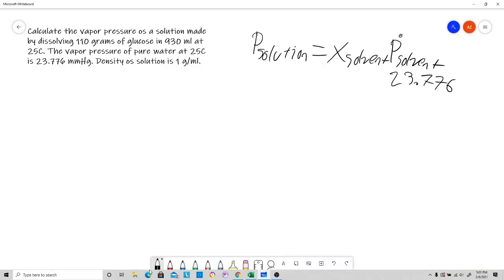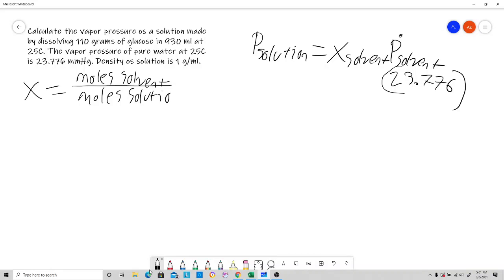Okay, so now we need the mole fraction to solve this. The mole fraction of the solvent is the moles of the solvent divided by the moles of the solution.